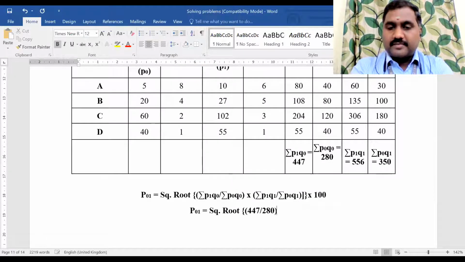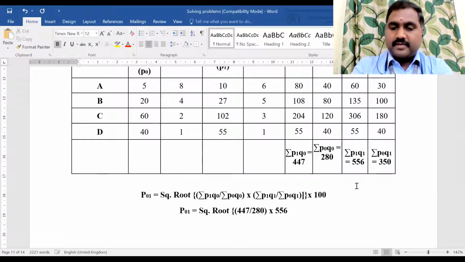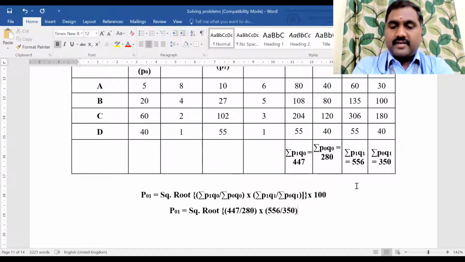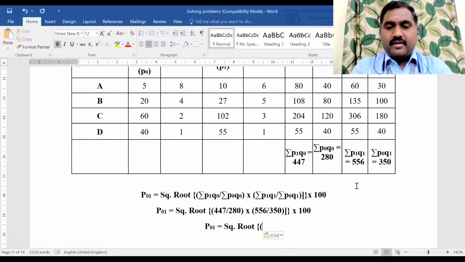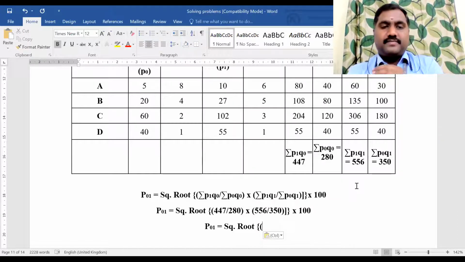Close the bracket. Into summation P1 Q1, 556, open the bracket, 556 divided by P0 Q1, 350. Close the bracket, into 100.